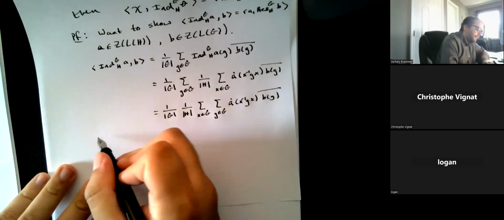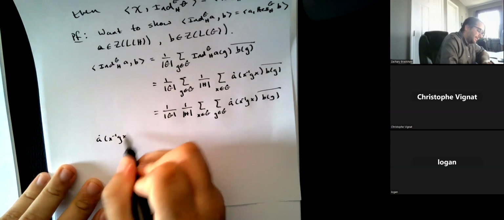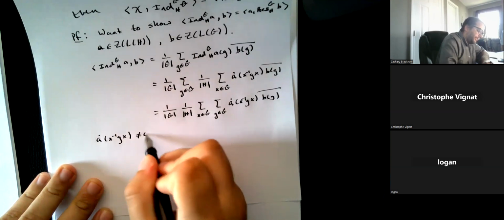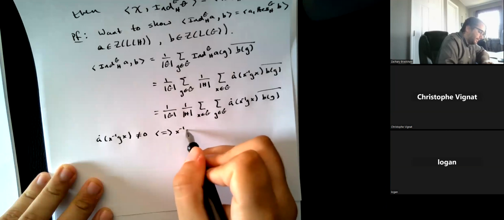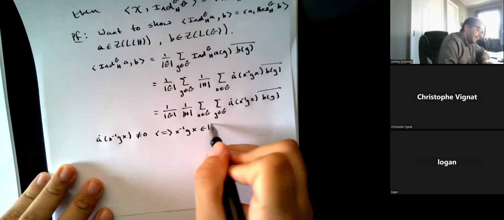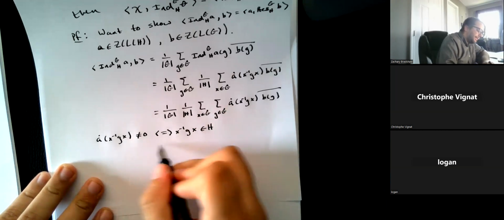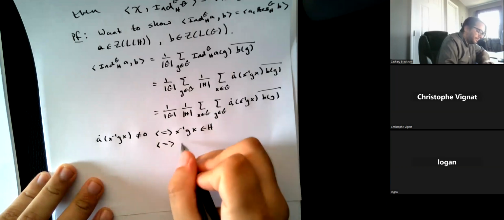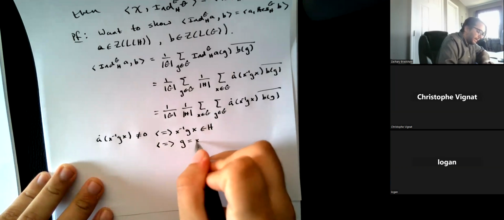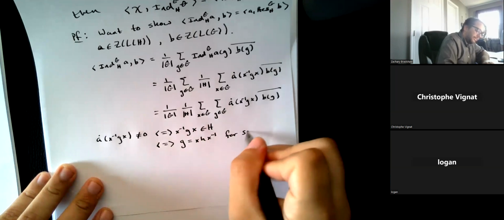Now, notice that A dot x inverse gx is not equal to 0 if and only if x inverse gx is in H. So that's the definition of this dot function. So that's the same thing as saying that g is equal to xhx inverse for some h.